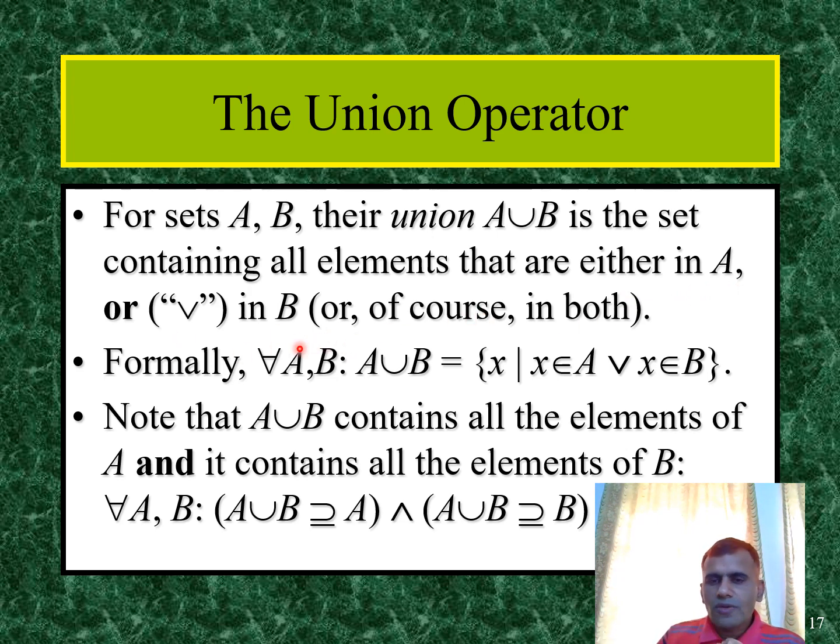So in A union B, you have to take all the elements of A as well as all the elements of B, but the common element should be taken one time only.